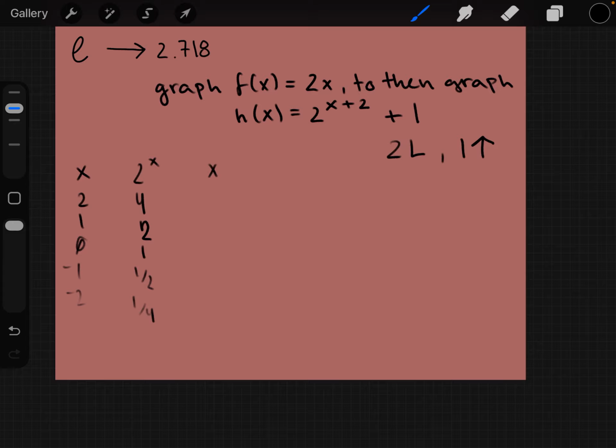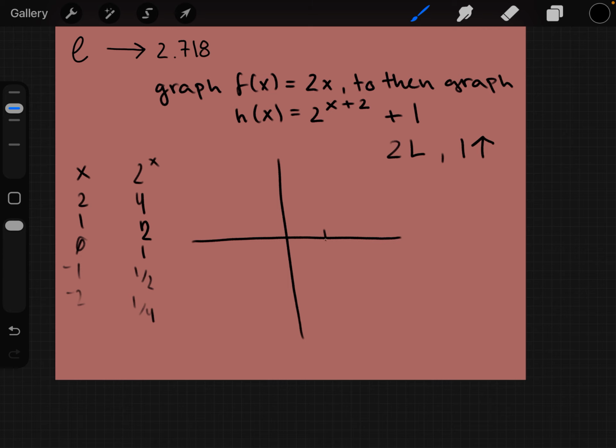I'm not going to write values for the second one actually, and I will show you why.